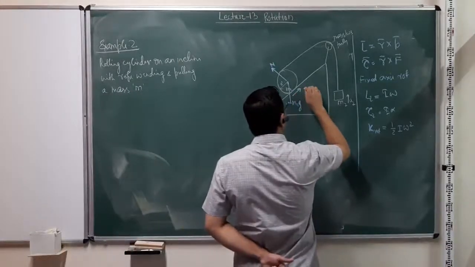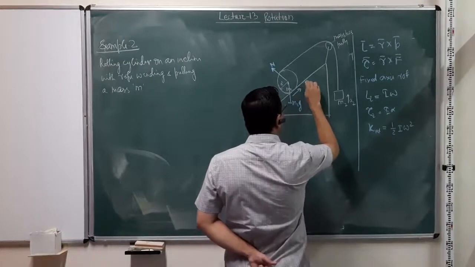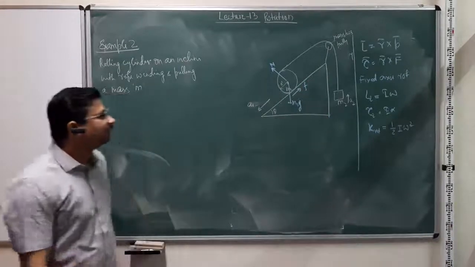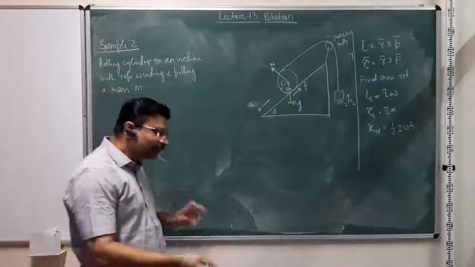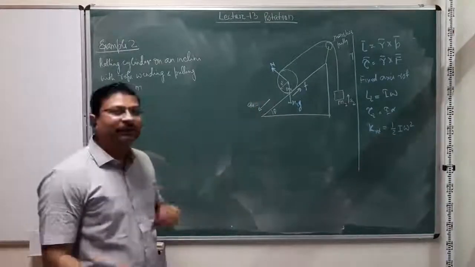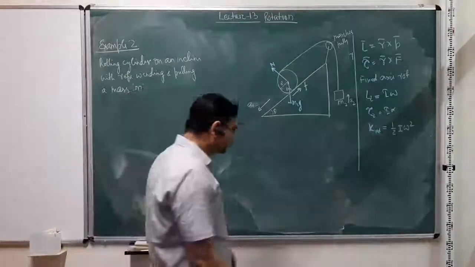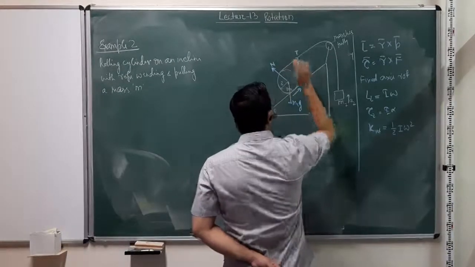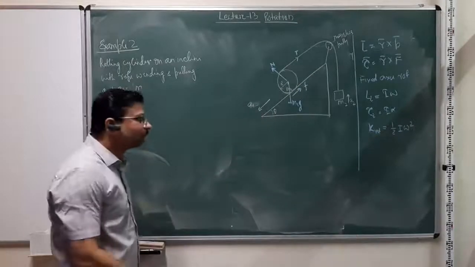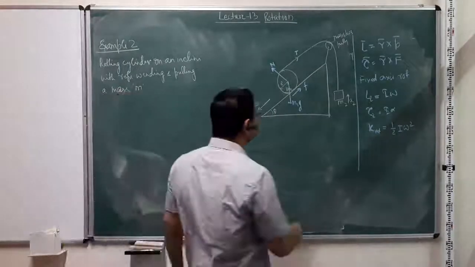We can solve the problem for a more general case by considering that there is friction between the surface and the cylinder, and in fact for any rotation there has to be friction between the surface and the object. So there is a friction. There is also tension T in the rope, which is holding mass M2.